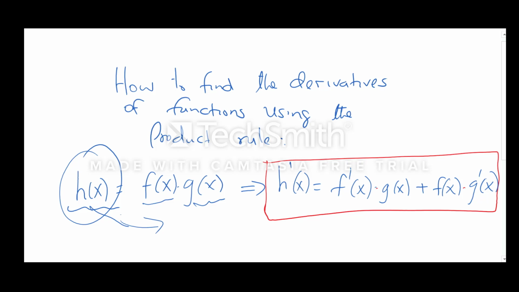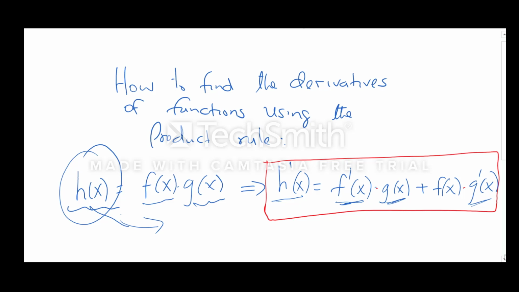In this case, we have h of x equal to f of x times g of x. So to find h prime of x, take the derivative of f of x, multiply with g of x, then add that to f of x multiplied by the derivative of g of x.